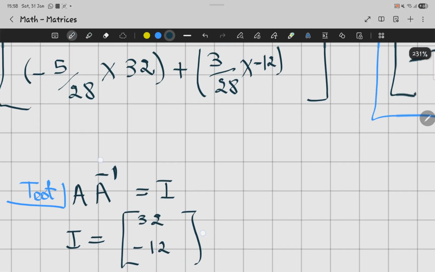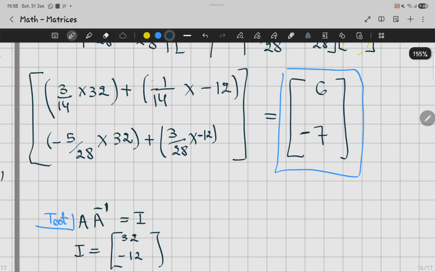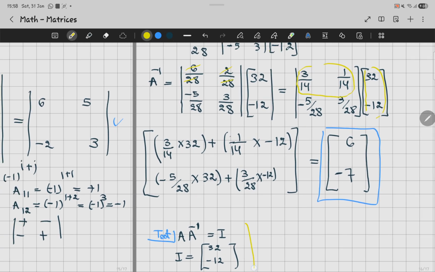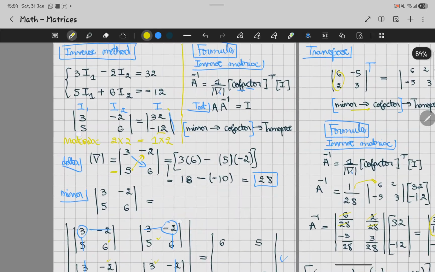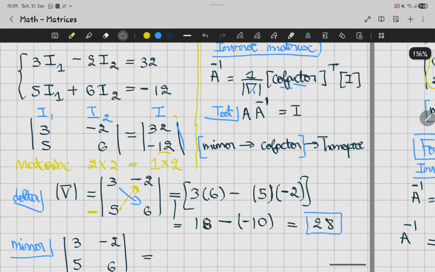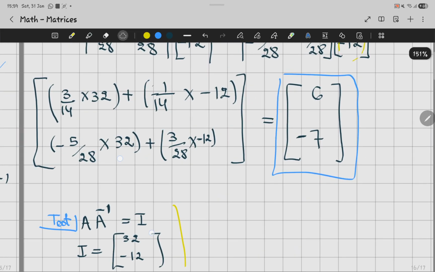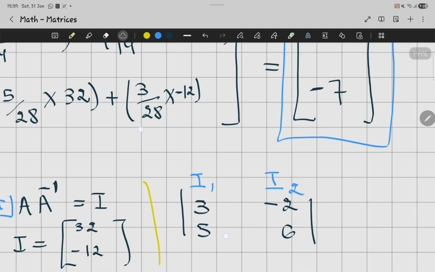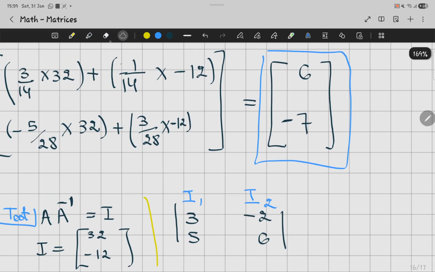So to check this equality, you're going to have the matrix that we started with times the answer we got, which is 6, negative 7.